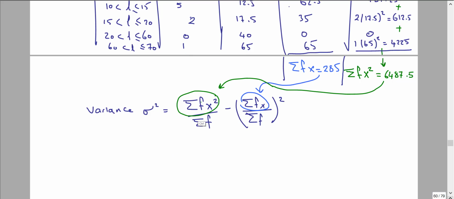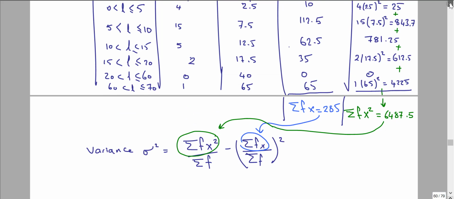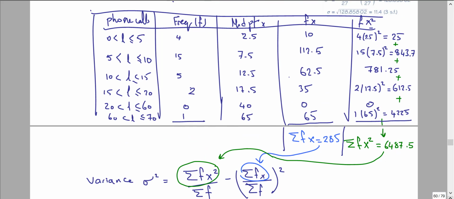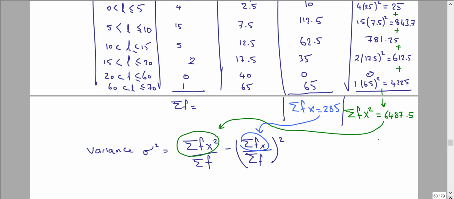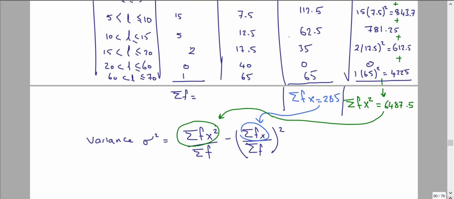The total number of frequencies. Add them: 4 plus 15 plus 5 plus 2 plus 0 plus 1. It is 27.